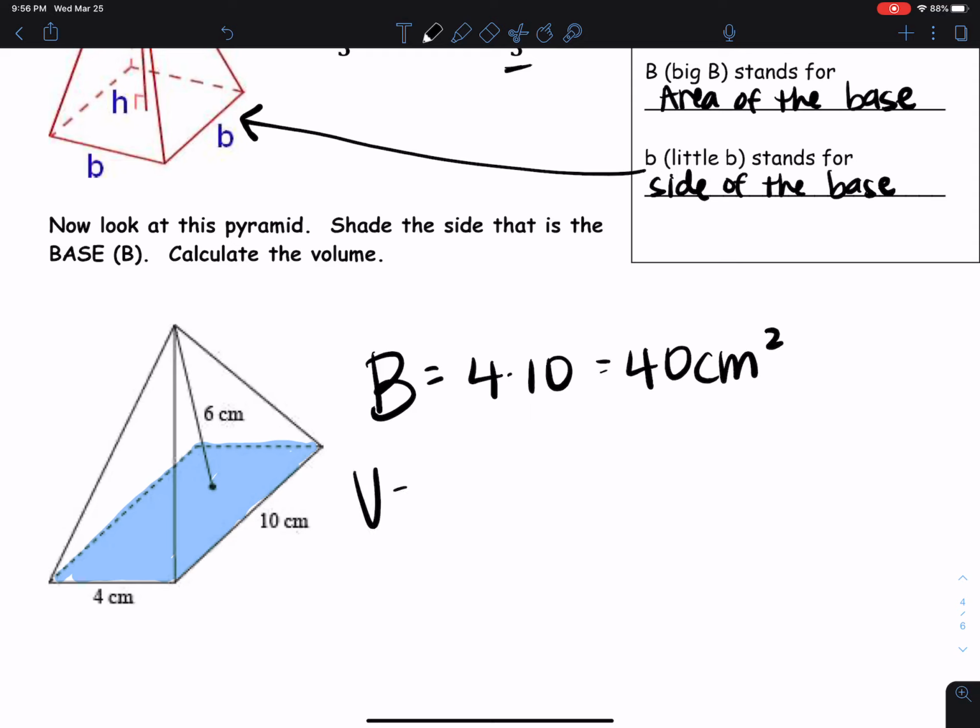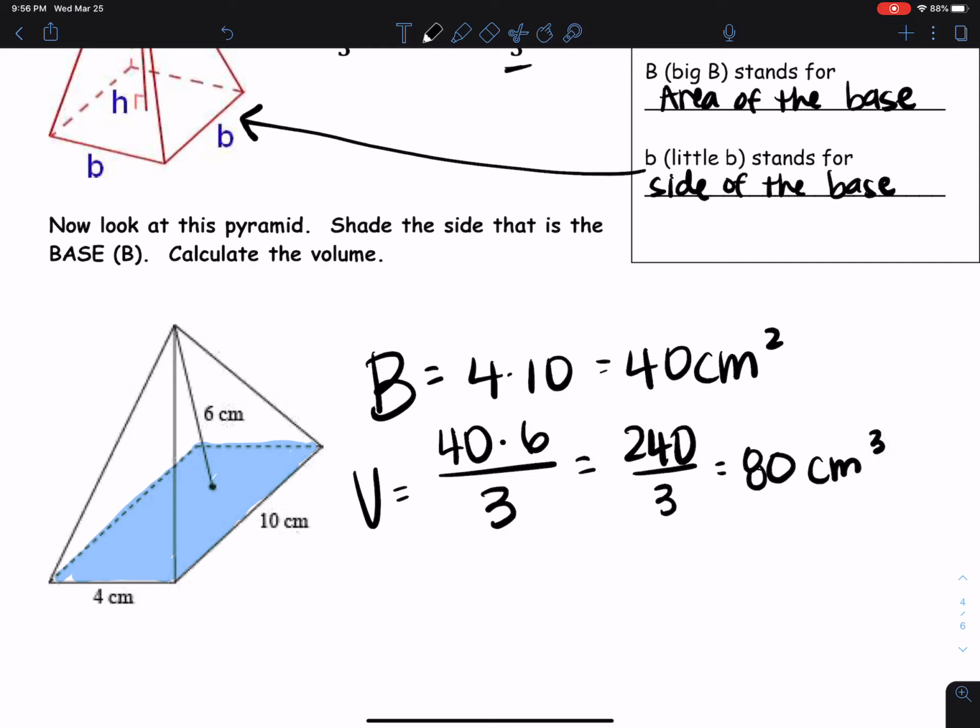So the volume, we're going to take 40, which is the area of the base, times the height, which is 6, and we need to divide it by 3. So 40 times 6, that's 240, divided by 3. That would give us 80 centimeters cubed. And that is the volume of this pyramid.